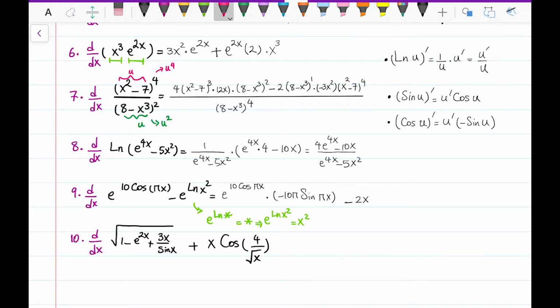If you don't remember that part and you really want to find the derivative of e to the ln of x squared, let's look at that. I have e to the power of a function. The derivative of that would be e to the power of the function itself times the derivative of the function. The derivative of ln of x squared would be what? As we explained here, it would be the derivative of the inside function over the function.